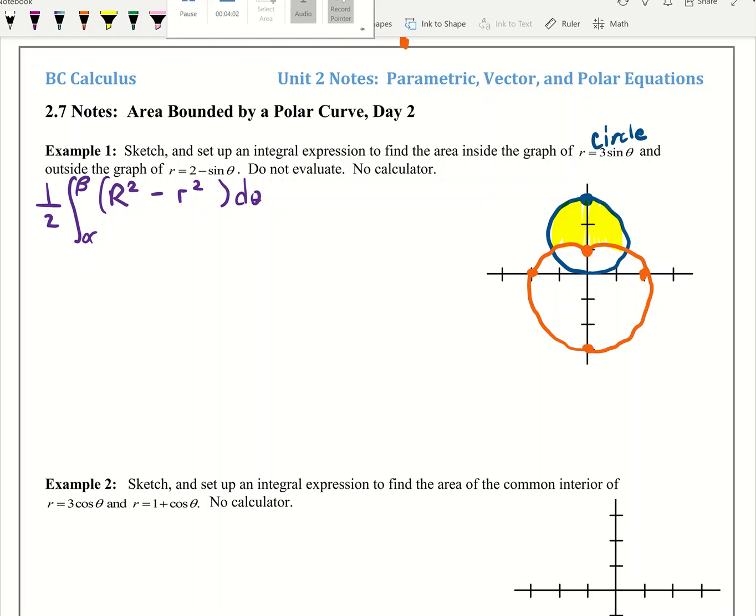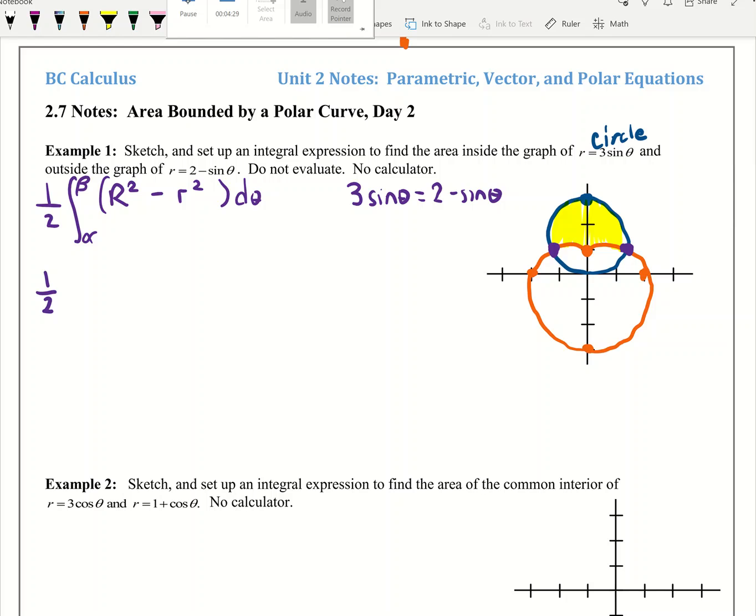Okay, starting off, where do I want my integral to start and end? Well, that's going to occur at the edges of my shading, which is where these two different shapes intersect. So to find that, I'm going to set my two shapes equal to each other. I cannot use a calculator, but I'm going to solve this.